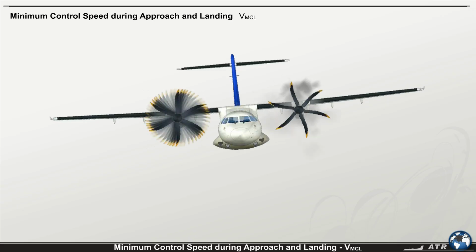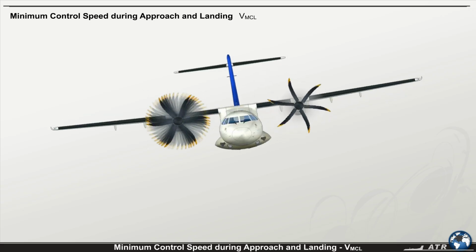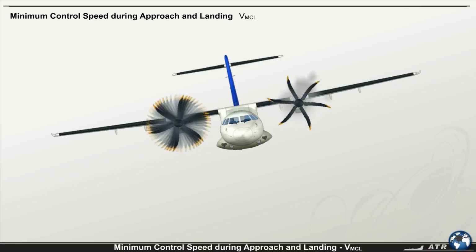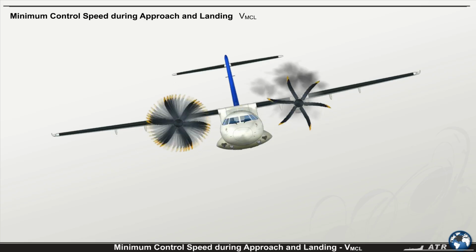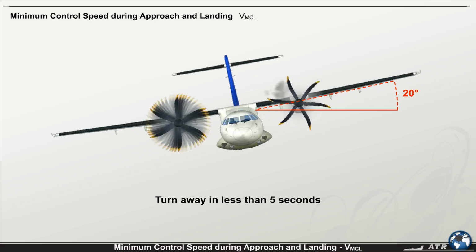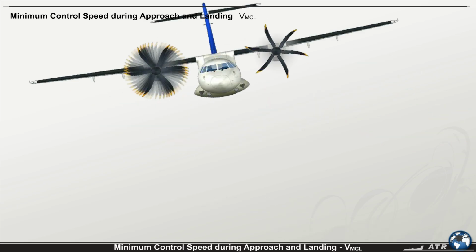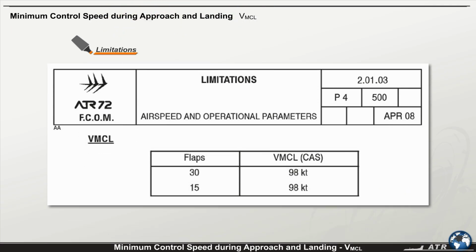At this speed, the ATR has demonstrated the ability to roll from an initial condition of a steady straight flight through an angle of 20 degrees in the necessary direction to initiate a turn away from the inoperative engine in 5 seconds or less. The VMCL is defined for flaps 15 degrees and 30 degrees.